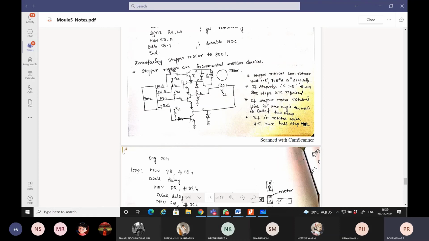Almost 200 steps will be taken by this stepper motor to finish one revolution. So how do we calculate the step angle?